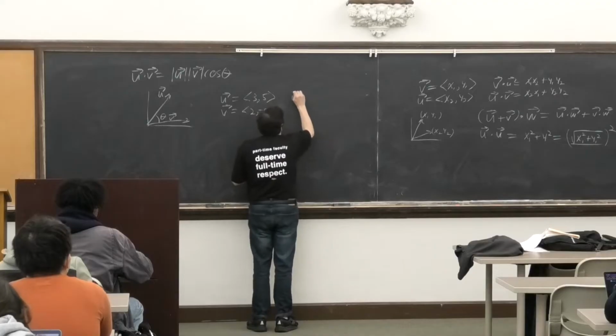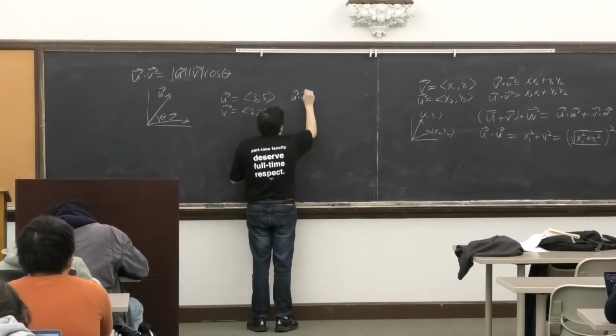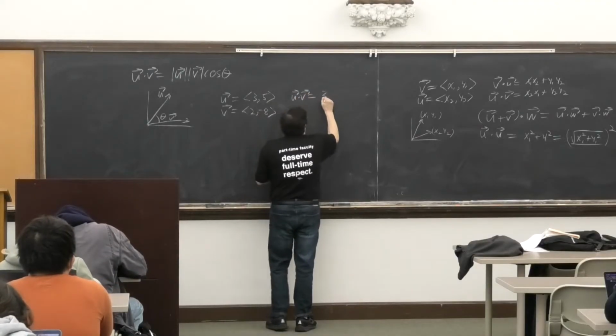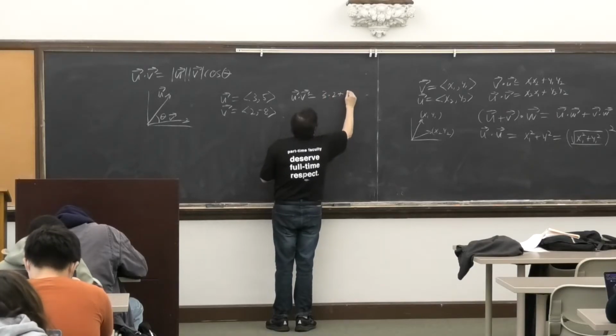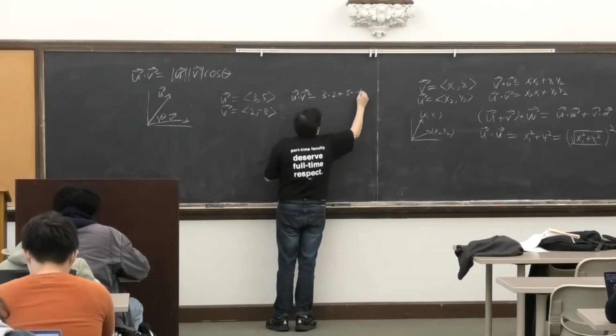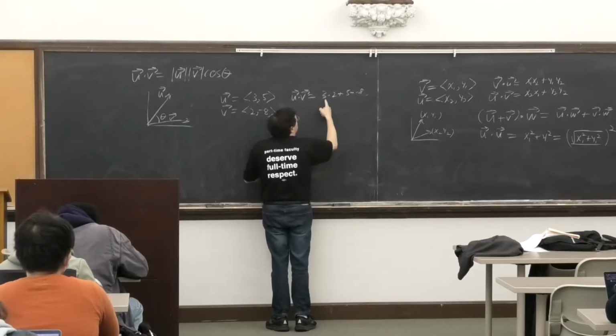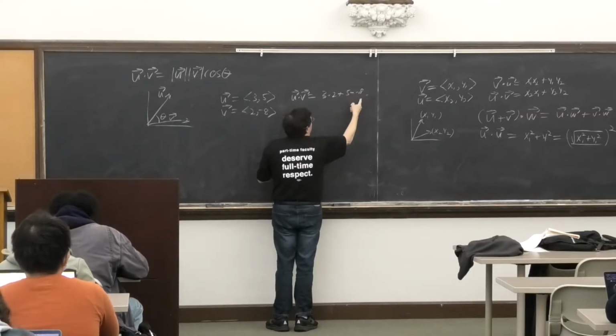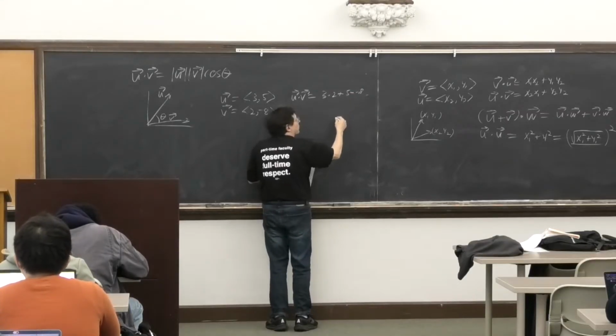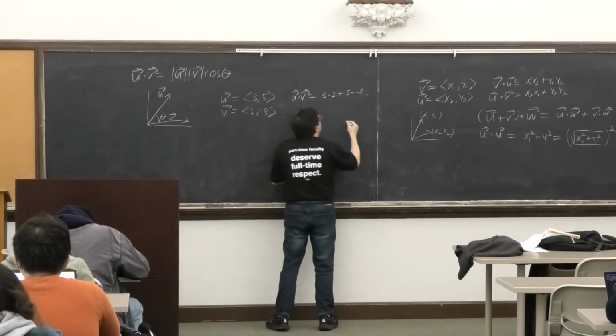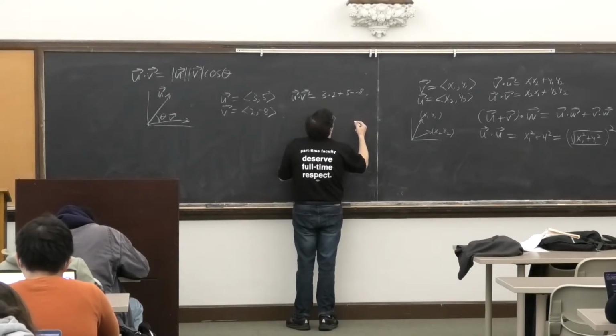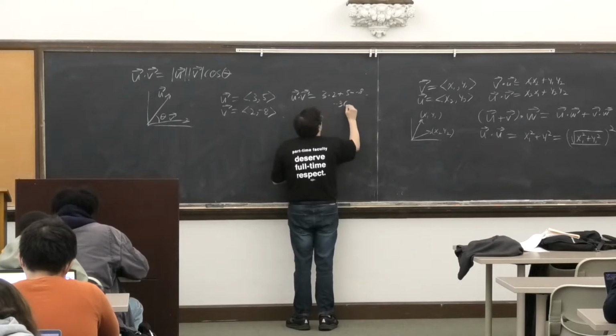That tells us u dot v is 3 times 2 plus 5 times -8. So that's 6 plus -40, which is -36.